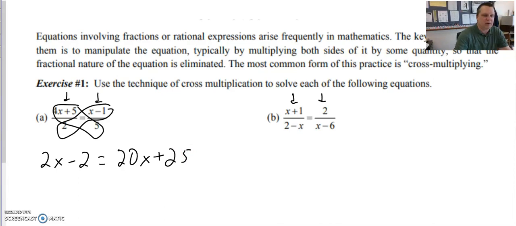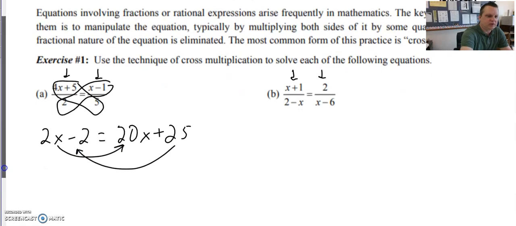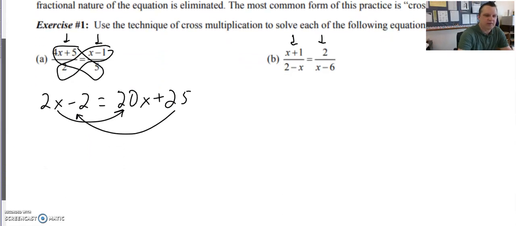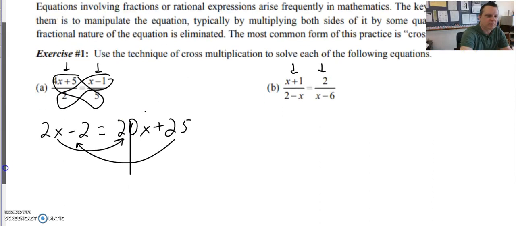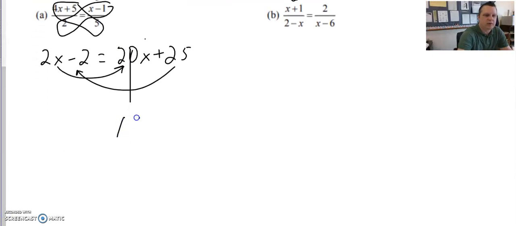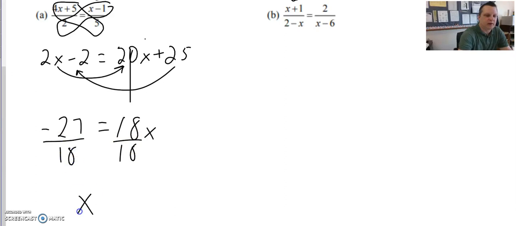And then just solve, bring the x over, bring the 25 over. Remember your inverse operation. So then I have 18x equals negative 27, divide by 18, and you have x equals negative 3/2. It's okay to get negatives.